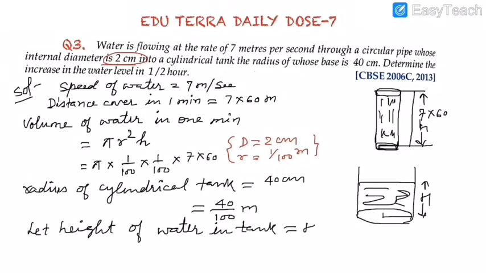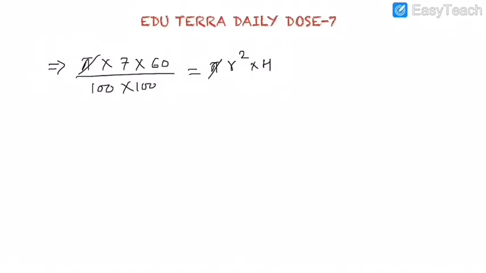Now the same volume of water is pouring in the cylindrical tank. Okay, from the first circular pipe the water is coming in the tank, same volume, just you have to multiply by 30 in the last. Here pi into 7 into 60 upon 100 into 100 equals to pi r square into capital H. So volume of water equals to volume of water in the cylindrical tank.